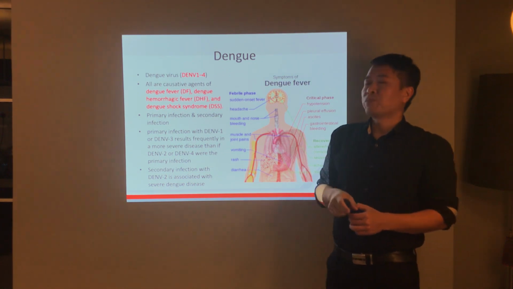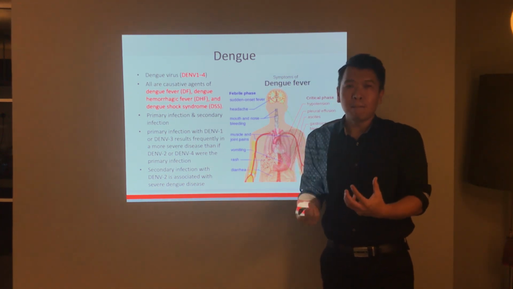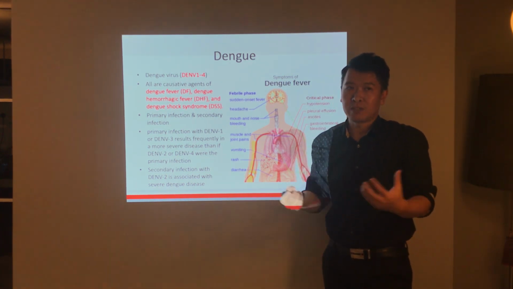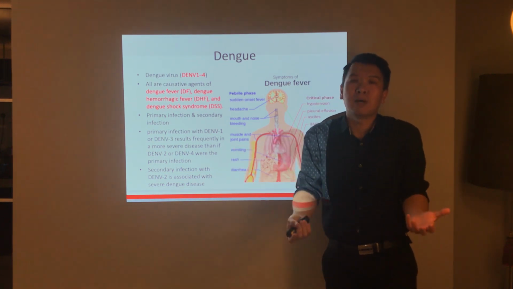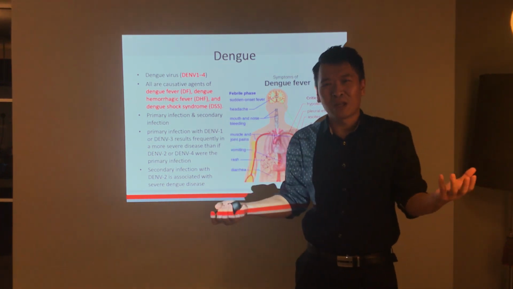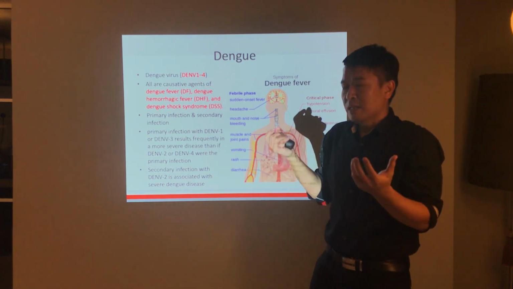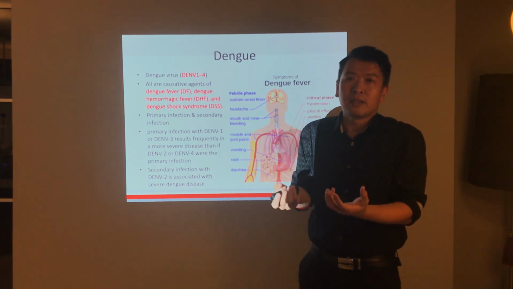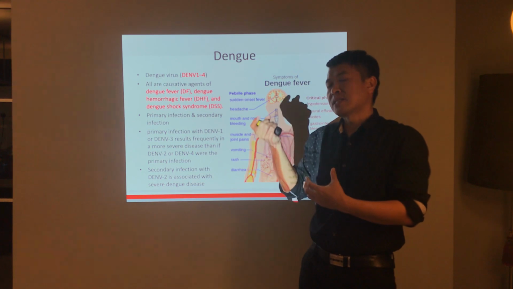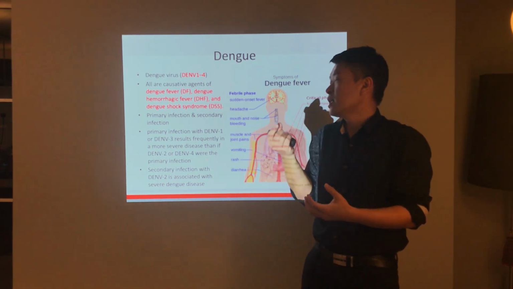Alright, so if you are bitten by a mosquito, say for example this is the first time you got bitten, and not all mosquitoes carry dengue virus anyway. But let's say you're so unlucky that you got bitten by a mosquito that somehow carries the virus.